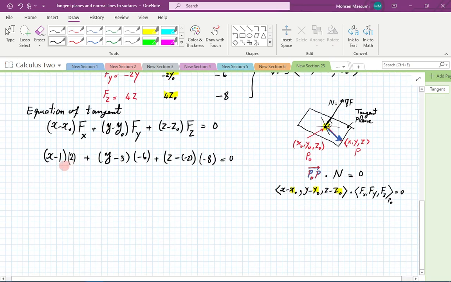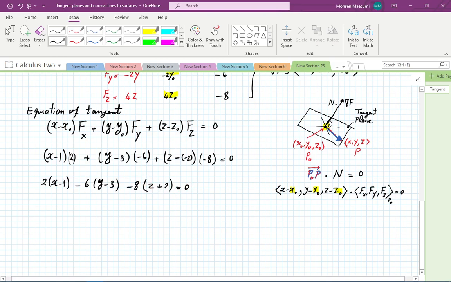Just to clean it up, tradition is to write these types of numbers up front. So you write it like this. Okay, so that is one style you write your equation in.